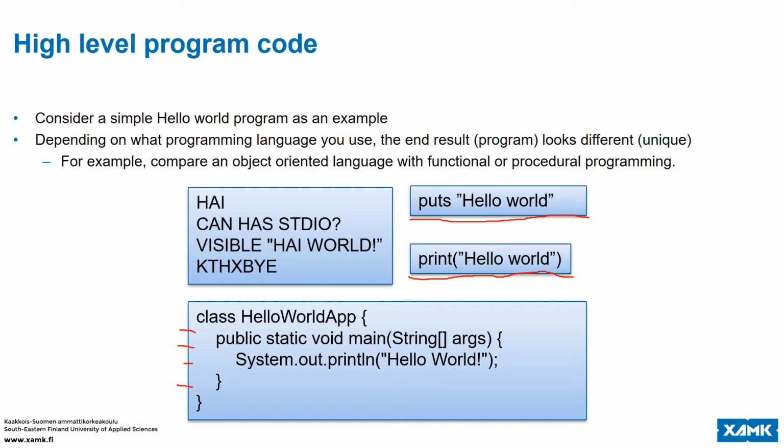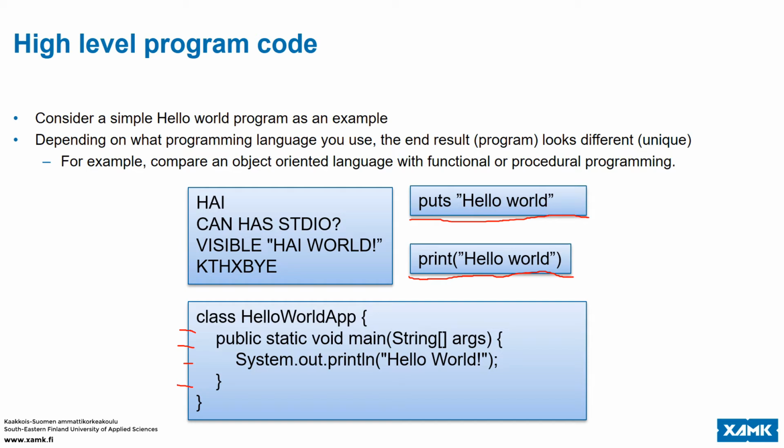Now, as said, there are a million different programming languages, and depending on what language you use, these programs look different, but they work in exactly the same way. You write this program code depending on what the programming manual that you are using says about how to use those commands in a programming language.